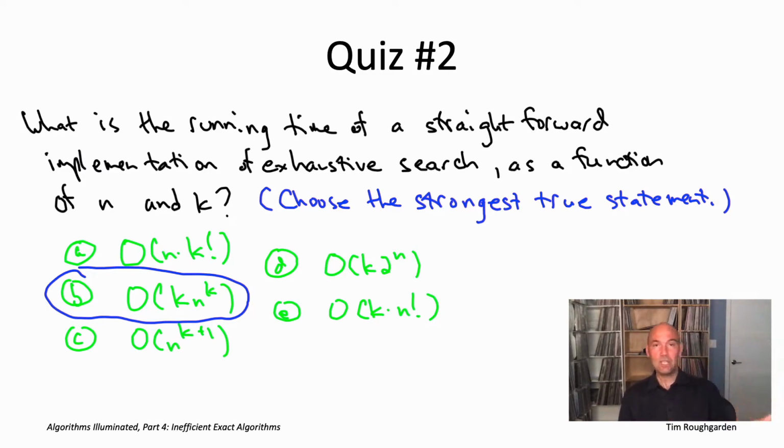So vertex 17, followed by vertex 4, followed by vertex 23, etc. Then once you have your list of k vertices, you can just check in linear time if it's actually a path in the graph. And if it is, you make a note of its cost. And then you just remember the smallest cost you ever see of any of the tuples that wind up corresponding to k-paths. So there's n to the k choices for those k-tuples, and then it's going to take linear in k work to check each one.